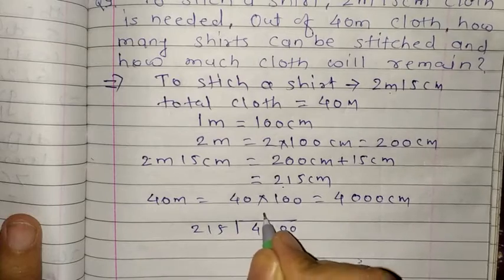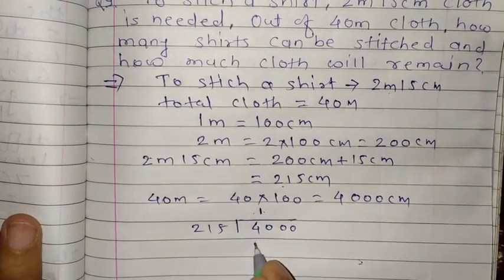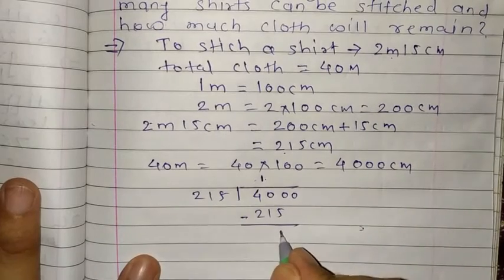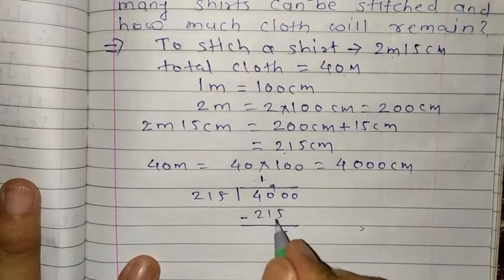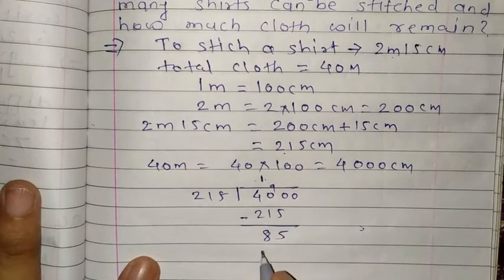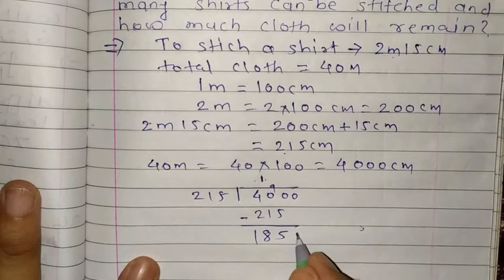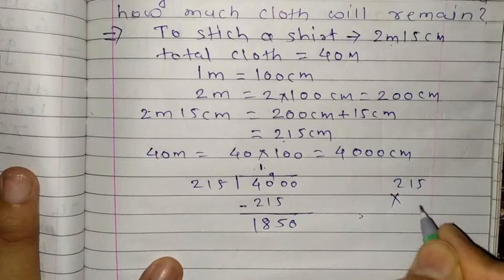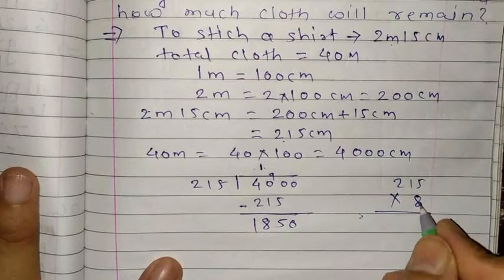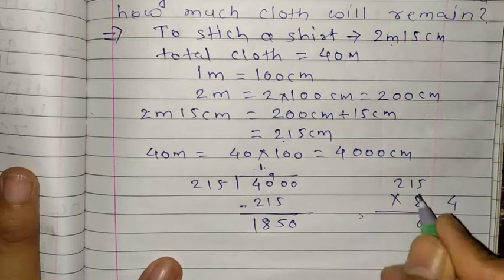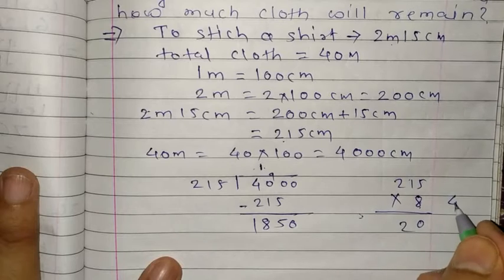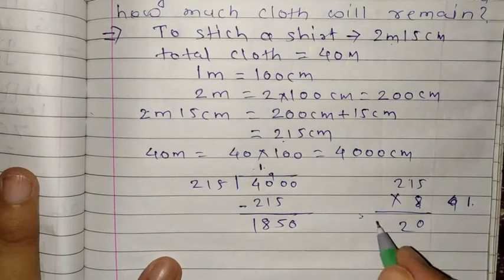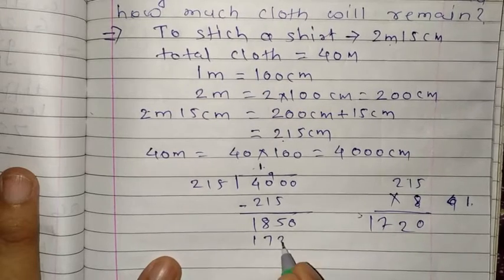215. So 215 into 1 is 215. Here you do subtraction, 10 minus 5 is 5, 9 minus 1 is 8, and 3 minus 2 is 1. Take a 0 from upside. Now 215 into 8: 8 into 5 is 40, 8 into 1 is 8, 8 into 2 is 16, plus 4 is 20... giving 1720.